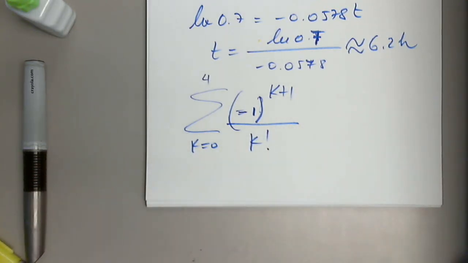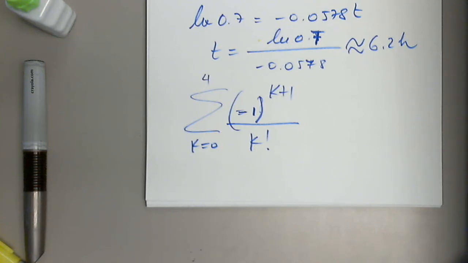So we're given a general term, which is negative 1 raised to k plus 1 over k factorial. And we're given k that goes from 0, 1, 2, 3, 4.